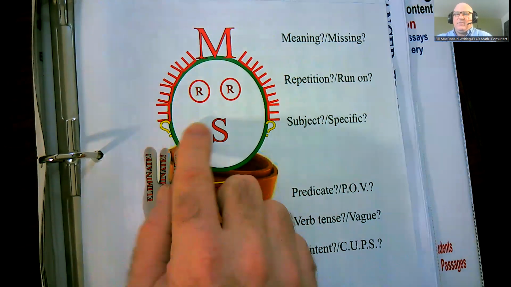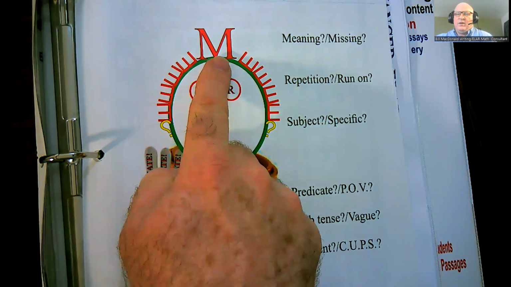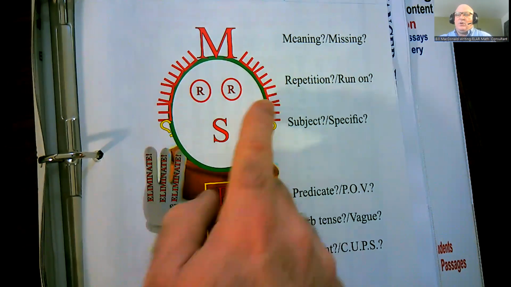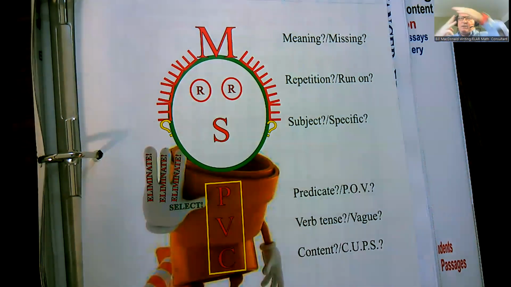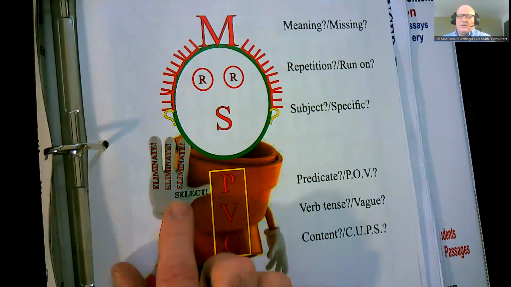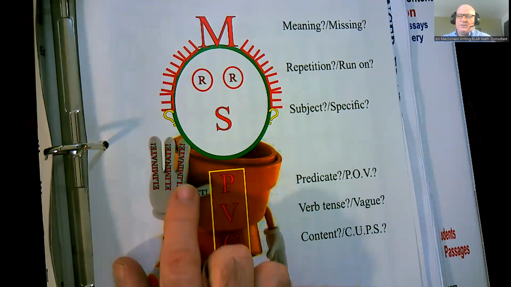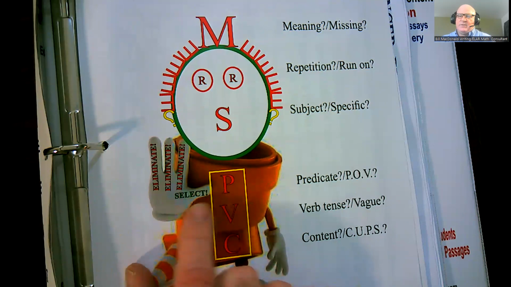We have evens and odds, and so we're either going to eliminate, or like I said, we'll do text entry or drop down on editing and revising. But typically, most of the time, it's going to be 3 eliminates and 1 select.